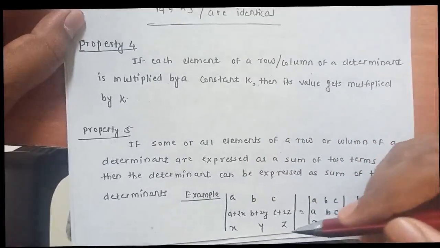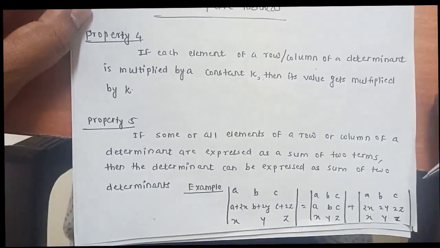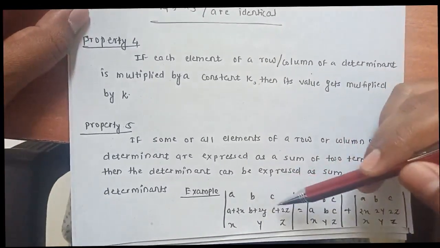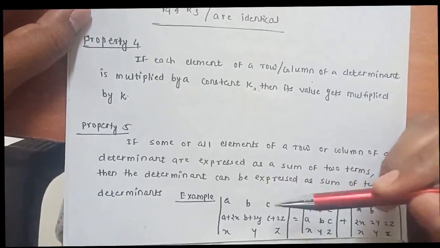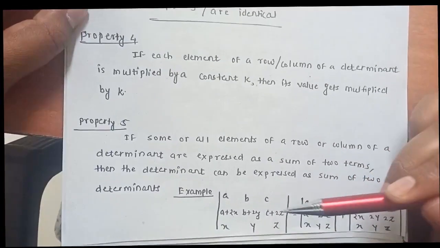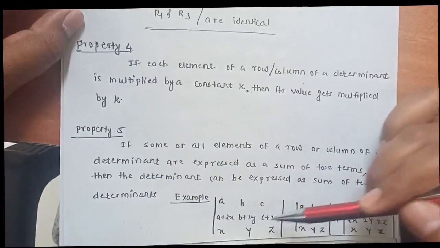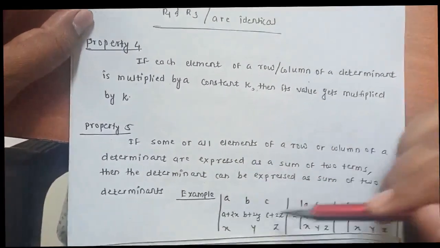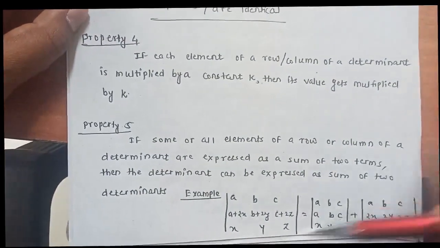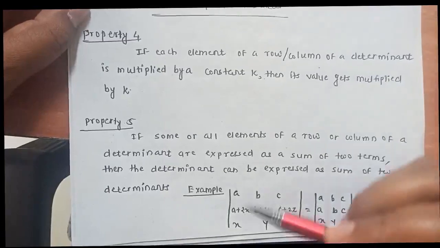To understand this using the matrices given here, this is the first determinant with first row, second row, third row. Now the second row is given in terms of addition: a plus 2x, b plus 2y, c plus 2z. If any column or any row is given in such a way by addition of numbers, then we can split it.